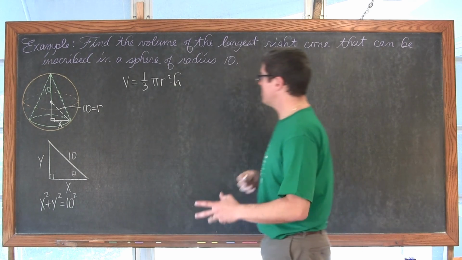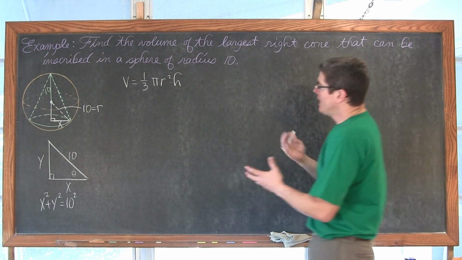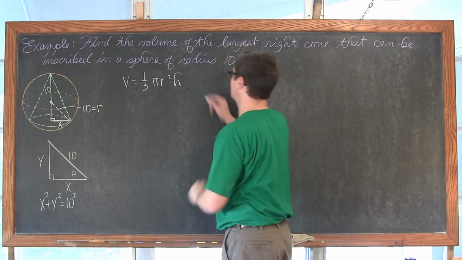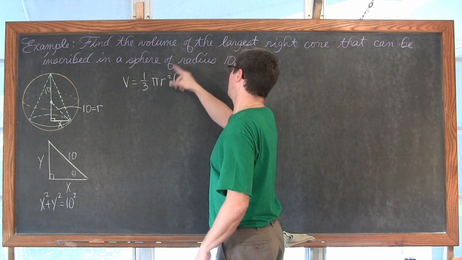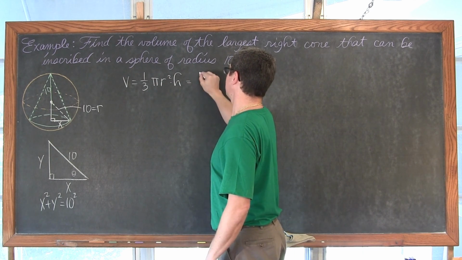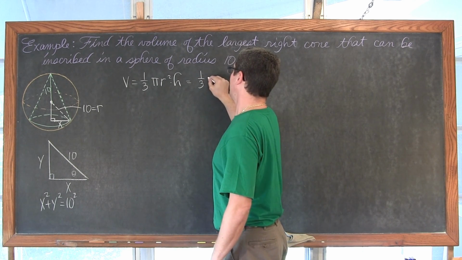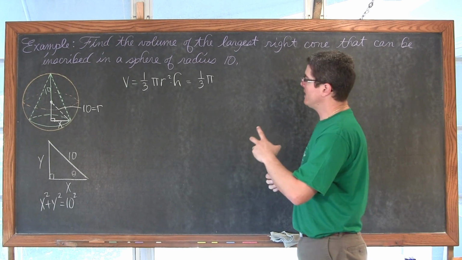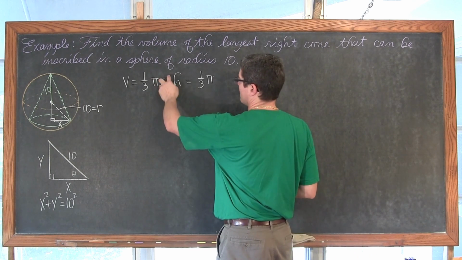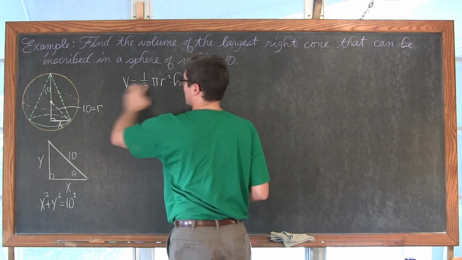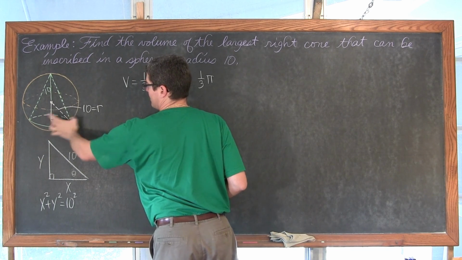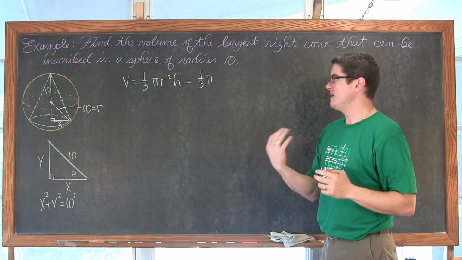Okay, so I can come up here and go, all right, let's see. We've got 1/3 pi r squared times h. I can write that as 1/3 pi. We've got x squared, right? Because this isn't the radius of the sphere, it's the base of this right cone.